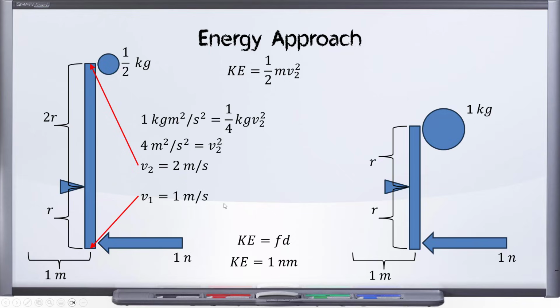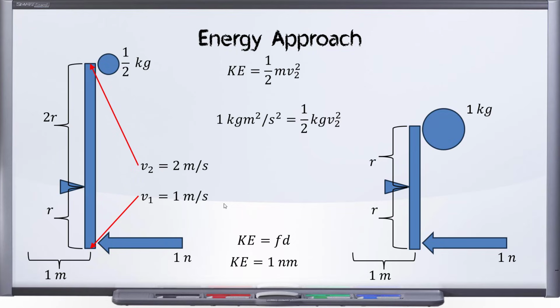We have solved using the energy approach the velocity on the left side. Let's do the same thing for the right-hand side. We have the same 1 Newton meter input, and this time we have 1 kilogram of mass. So 1/2 times our kilogram times V2 squared. Again, our kilograms cancel.